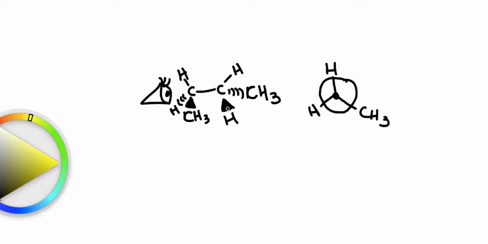So this group that's coming towards us, this hydrogen group, is going to be towards the right, as we indicated earlier, right? This CH3 group, which is going away from us towards the back, is going to be on the left-hand side, since the previous hydrogen group that was going towards the back also was on the left-hand side.